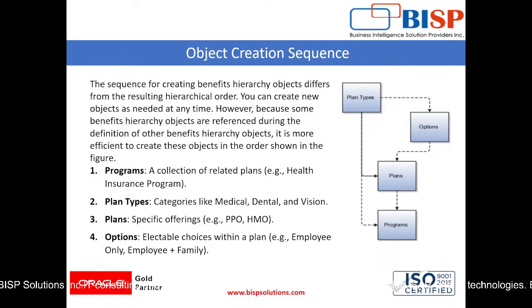After that, we created option. Then we created plan, and finally we need to create a program. A plan can be related with a program, or it can be individual as well, so it doesn't require any program.